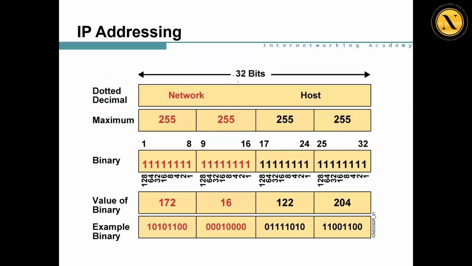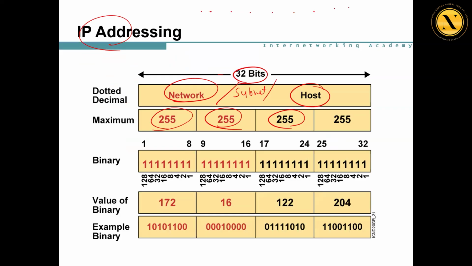Now we know everything is 32 bits and it comprises two portions, network portion and host portion. Of course, you can have a subnet portion also if you have done subnetting. Maximum we can go only up to 8 bits. Every bit has a place value, a decimal value, 2 raised to power 0, and so on up to 2 raised to power 7.